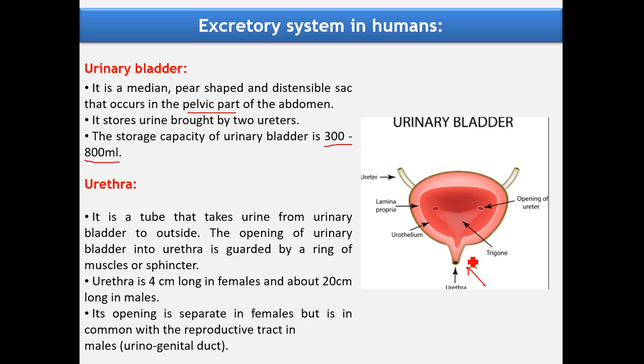There is a difference in the urethra in males and females. The urethra is 4 centimeters long in females, and it is meant for the passage of only urine.